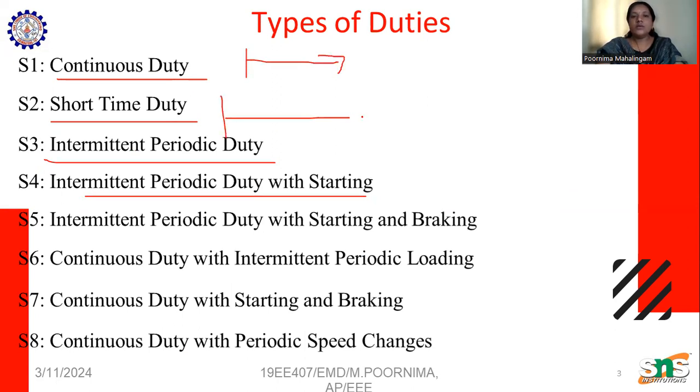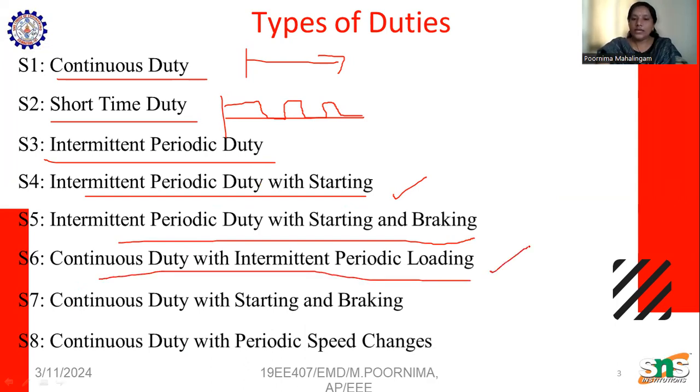Short time duty means the motor runs for a particular time and then goes to the stop condition, and then runs again. There is also intermittent periodic duty with starting and braking, continuous duty with intermittent periodic loading, continuous duty with starting and braking, and continuous duty with periodic speed changes. These are the types of duties, and we will see them one by one.